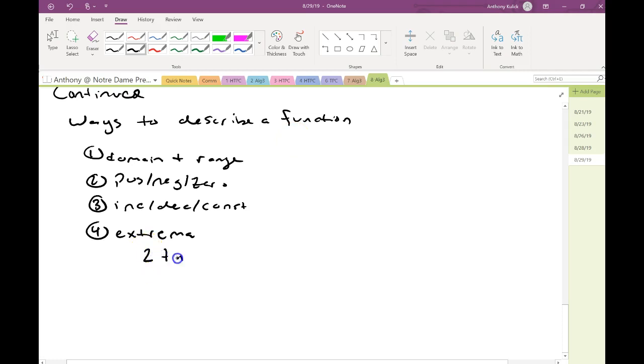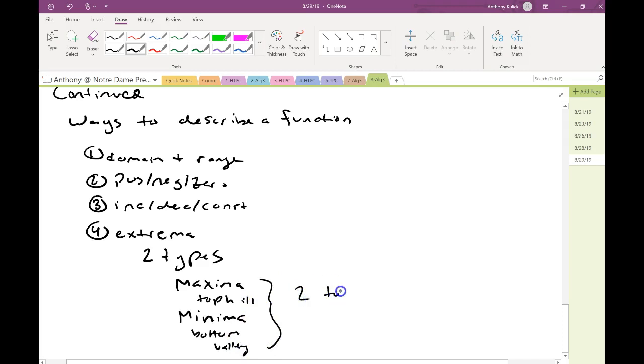So we noted that there were two types. We have maximum, or the plural maxima, and minimum, or the plural minima. The maxima we said was the top of the hill. The minimum we said was the bottom of a valley. We said there were two types of maxes and mins: locals and globals.